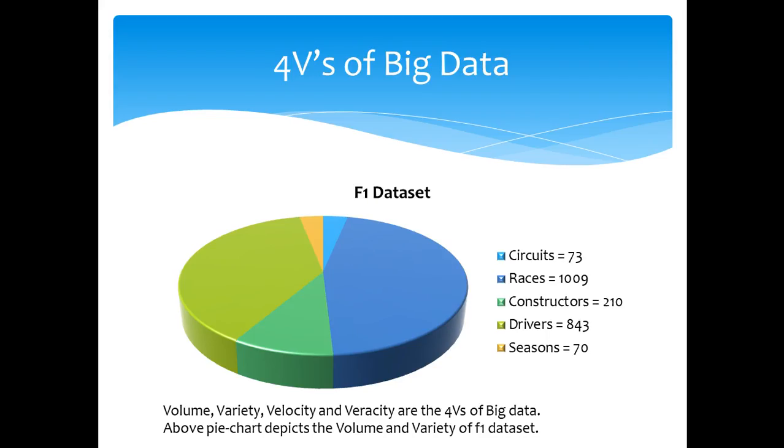In this slide I am depicting the main features such as circuits, which are 73, and the races, which are 1009. The circuits are a small part here, and the races are the big portion, less than half. Next are the constructors, and the drivers also take most of the pie.